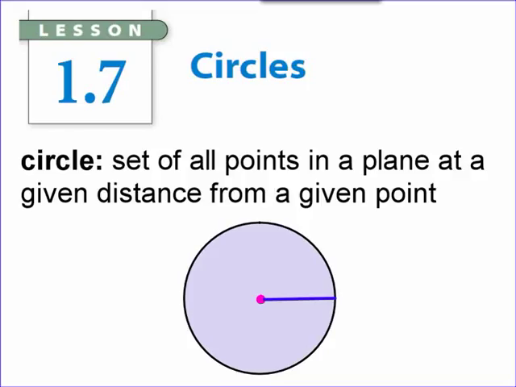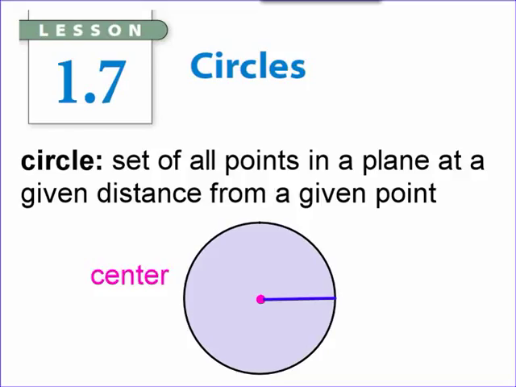And so I have a picture of a circle there, which you've all seen before. Then we're going to label a few things on that circle. First of all, what do we know the pink dot is?